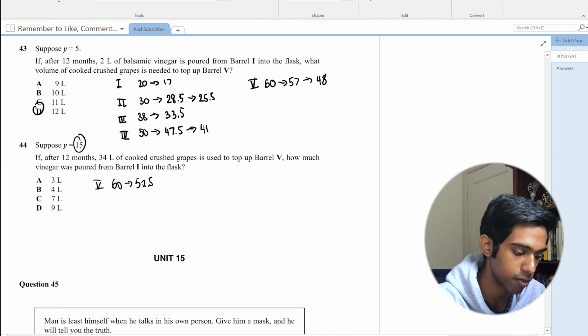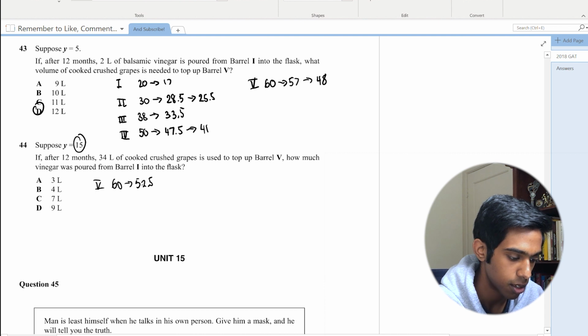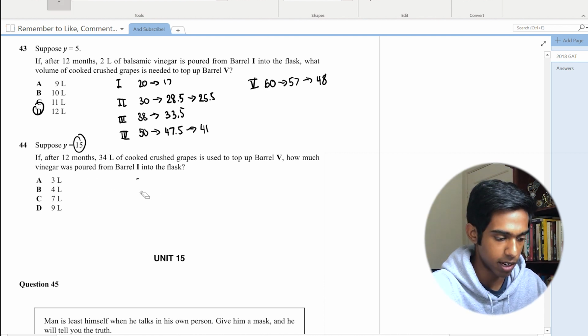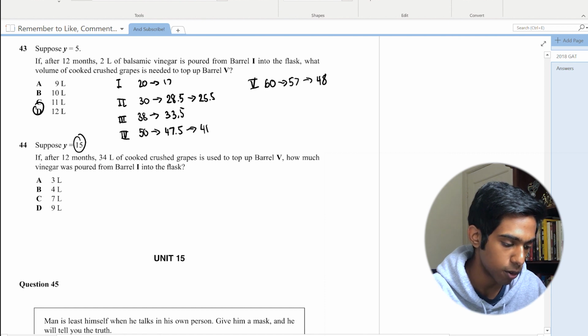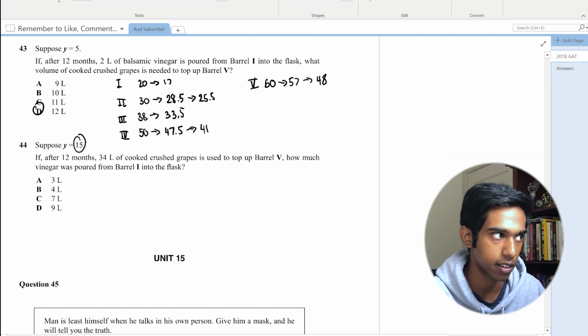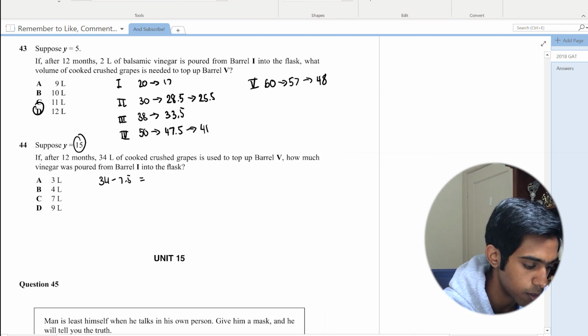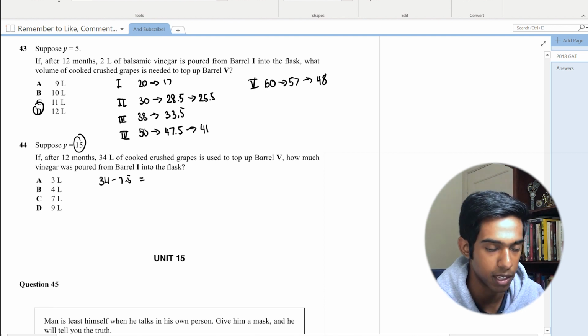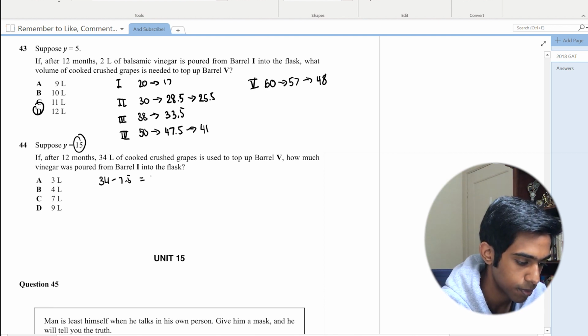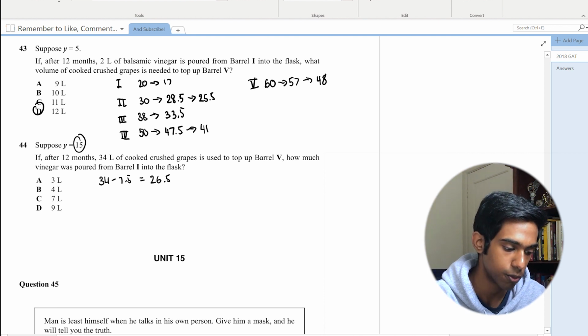So the way to think about it is that if you're filling barrel 5 up with 34 liters of cooked crushed grapes and 7.5 liters are evaporated, then you go 34 minus 7.5 to find out how much you filled up in barrel 4. So that's 26.5. So you filled up 26.5 liters into barrel 4.